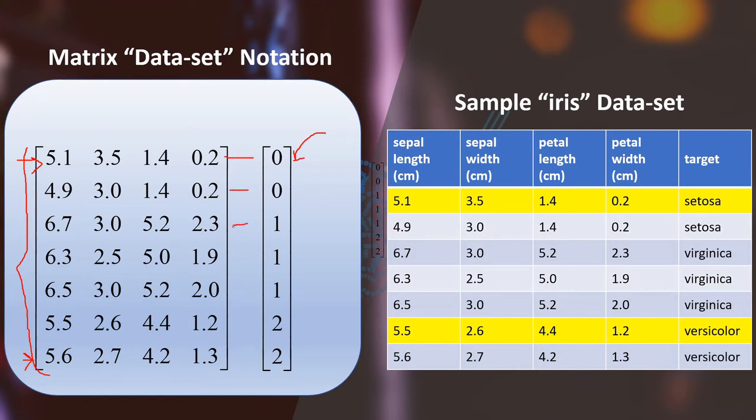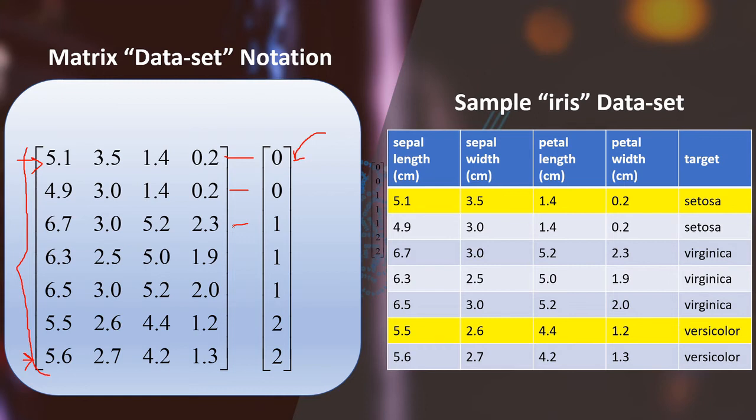So this is how our data set will be denoted. The feature set will be a matrix and the label will be a column vector. Now you can just do a simple analogy from the left matrix to the right table. You can get the idea.